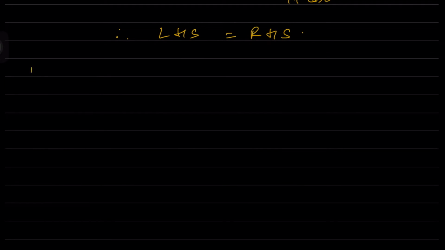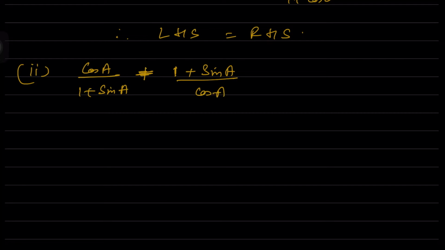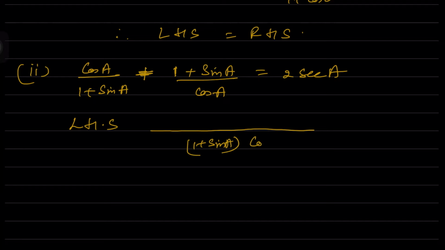Next, the second problem: we have cos A by 1 plus sin A plus 1 plus sin A by cos A. We have to prove that it is equal to 2 secant A. So the first step, you can write LHS is equal to, taking the LCM directly over here, 1 plus sin A into cos A in the denominator.